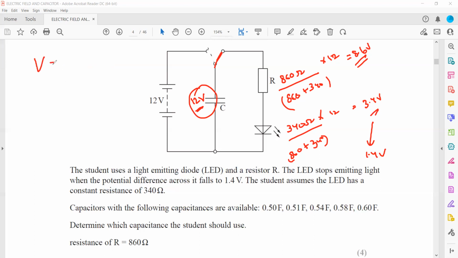V equals V naught e raised to the power minus T over RC, where V naught is the maximum voltage, V is the voltage at a certain time interval, and R is the resistance through which the capacitor is discharging, which will be the sum of the resistance of both.